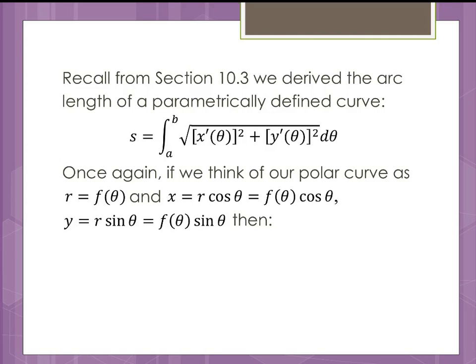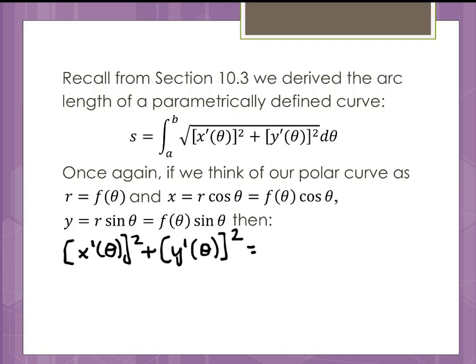So if we do that, what that means is that we can take this curve, and we're going to do some simplifying. So I want to show you where this is coming from. I just want to look at the part underneath here squared: x prime of theta squared plus y prime of theta squared. Okay, and then we recognize that when we get back to the formula, this is going to be all underneath a square root with an integral on the outside and so forth. But we're just going to clean this up.